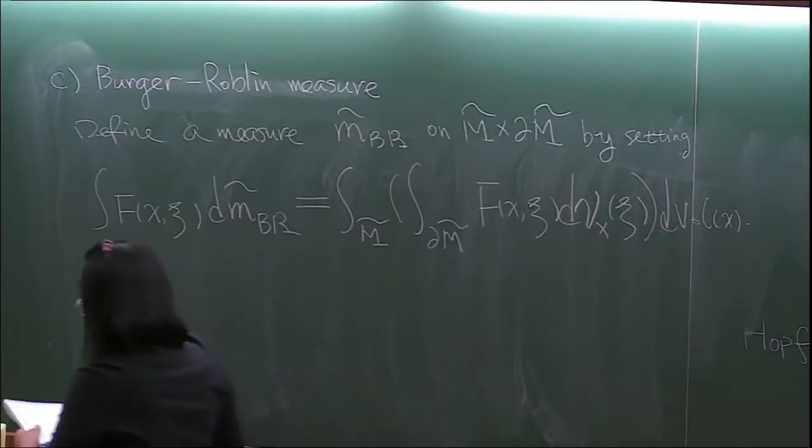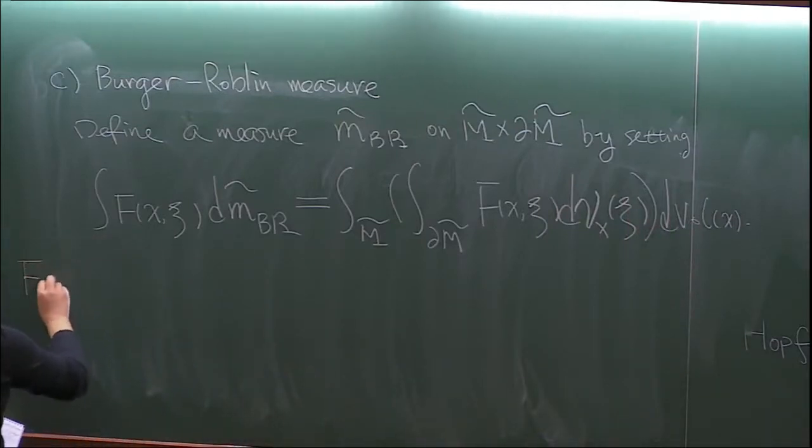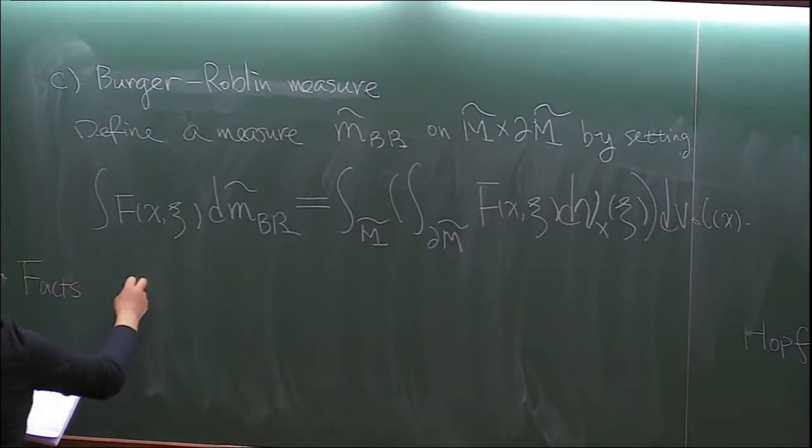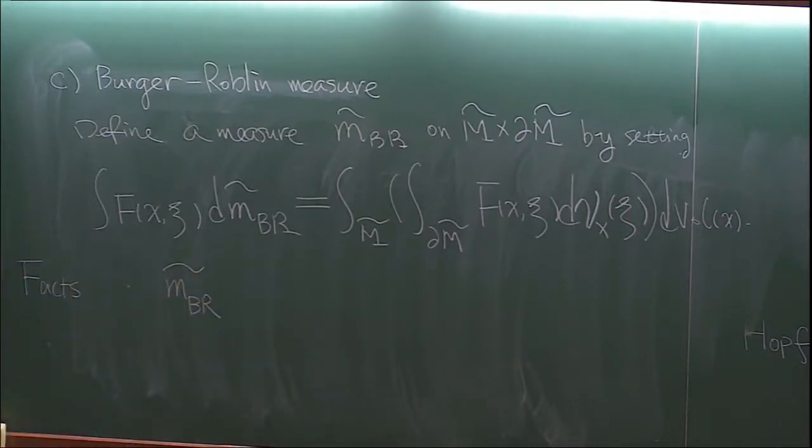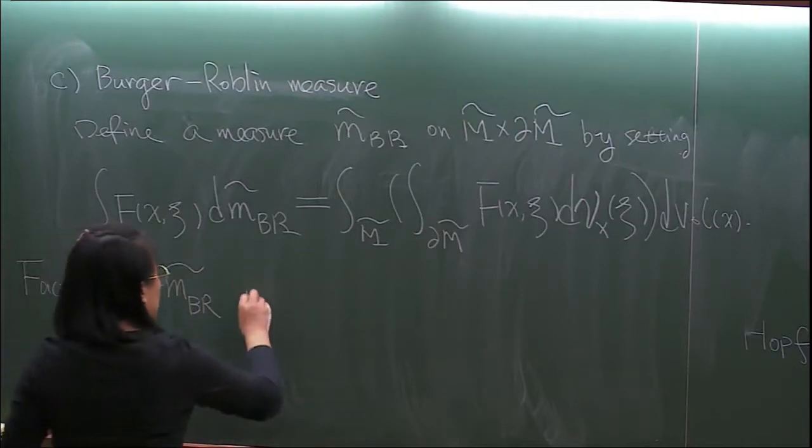Okay, so we always begin with the fact. So the fact is, you can check that immediately, or if you're not, it's an exercise. So this measure is gamma invariant.